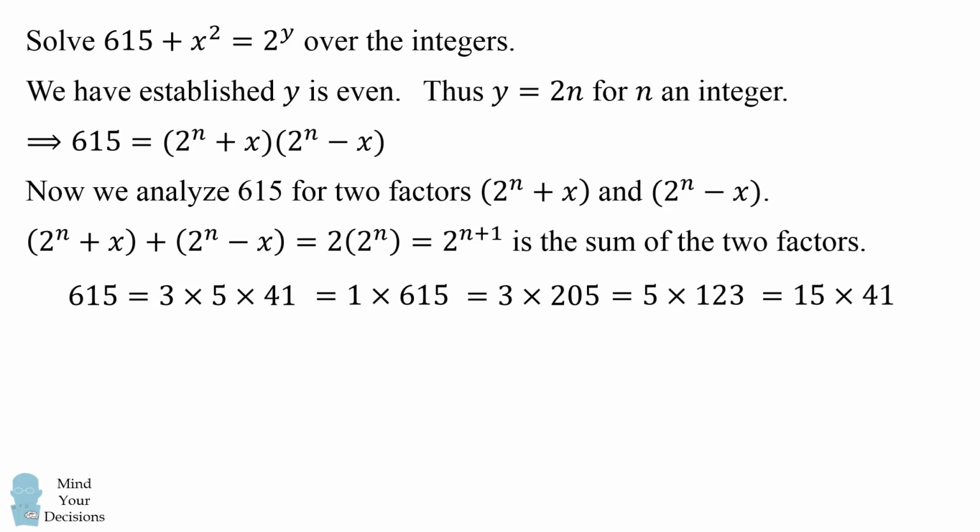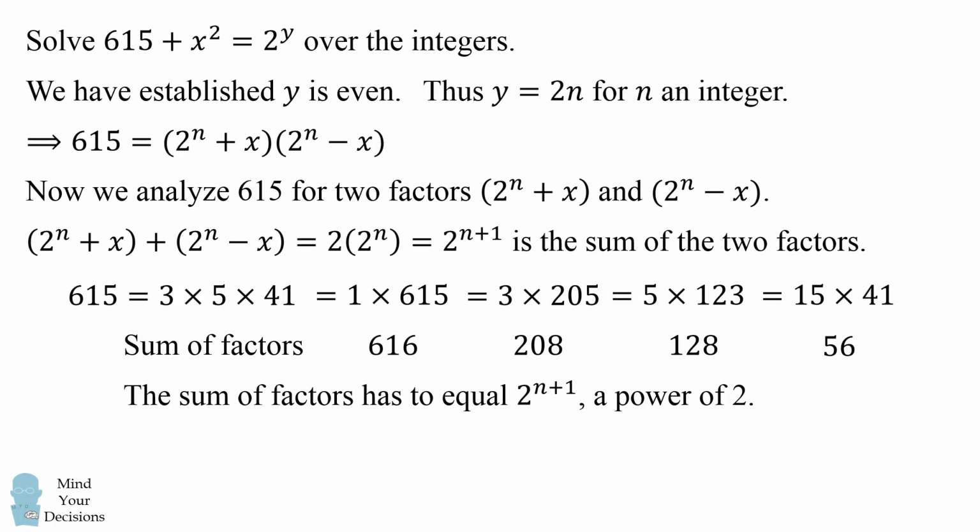Now, how can we figure out which possibility corresponds to our solution? Well, consider adding the two factors together. 2 to the n plus x plus 2 to the n minus x will equal 2 times 2 to the n, and that simplifies to be 2 to the power of n plus 1. So the sum of the two factors is equal to 2 to the power of n plus 1. So we now consider the sum of the factors in each of these four cases.